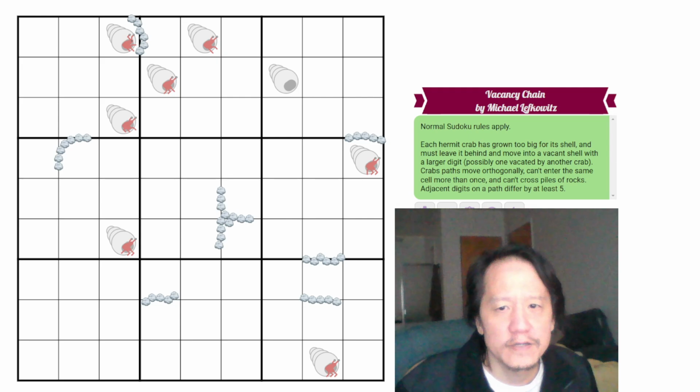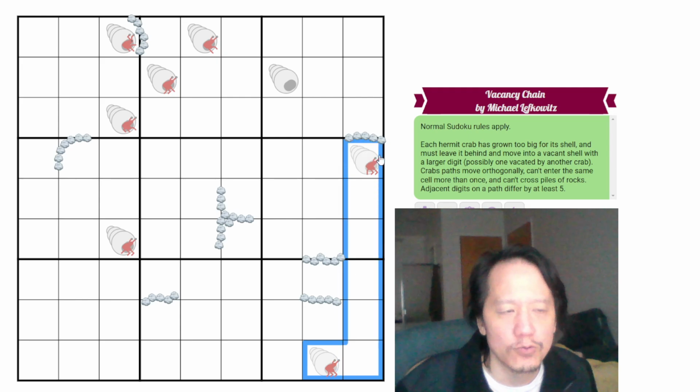Okay. So each crab must leave its shell for another shell. Because of that, the shells have to be connected except for one.